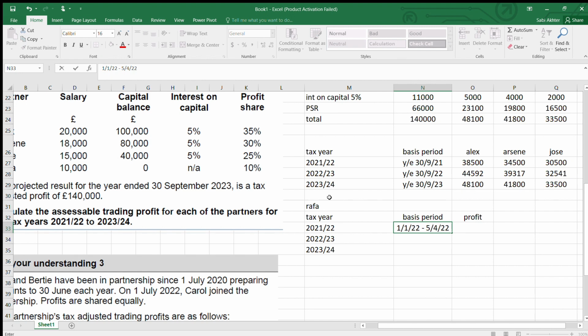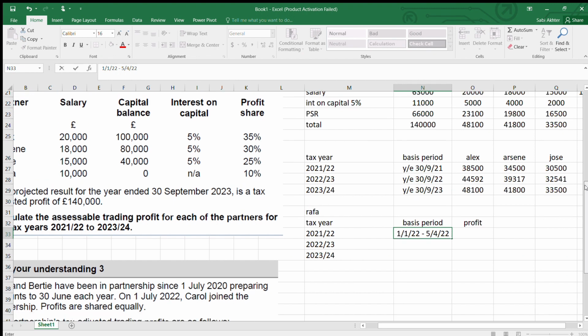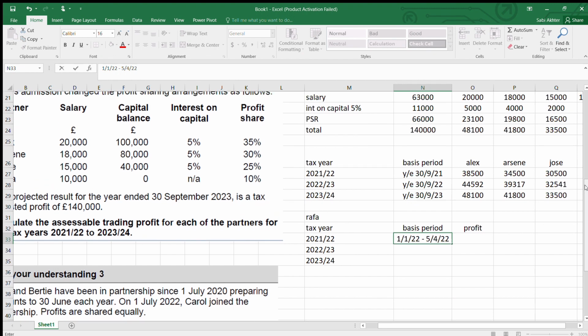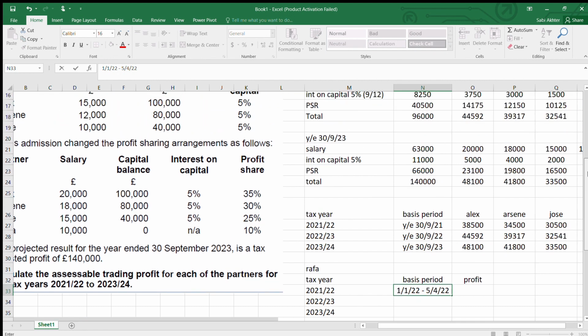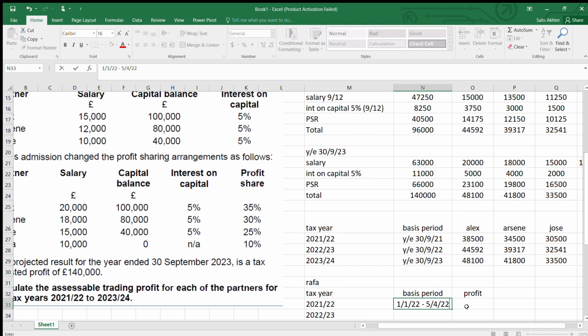How many months? Out of 9 months. See, he was there only for the 9 months, the last 9 months in 2022, 1st of Jan to September. So during that 9 months, only 3 months will be assessed to tax. That is Jan, Feb and March. So we'll go to Rafa and get it done.